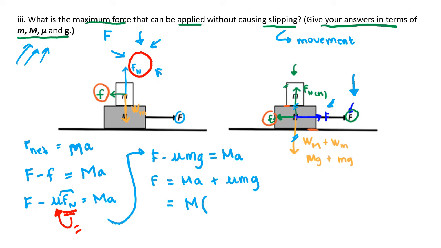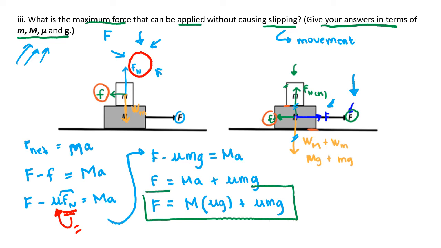So our acceleration was mu g, plus mu mg, and this is equal to our maximum force that can be applied without causing slipping or movement.